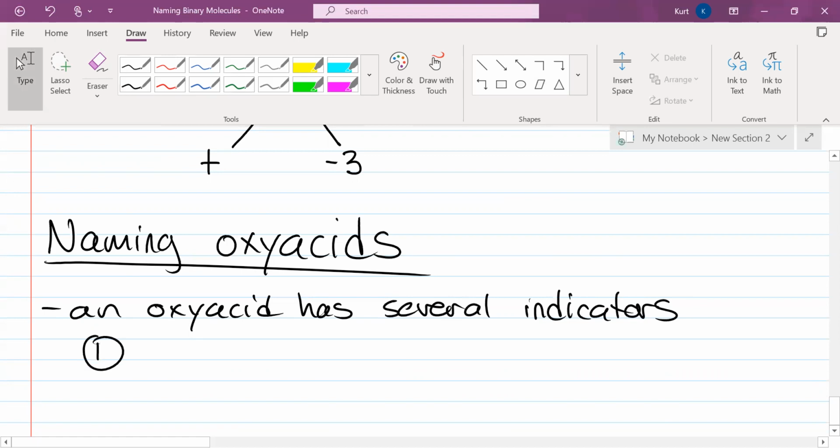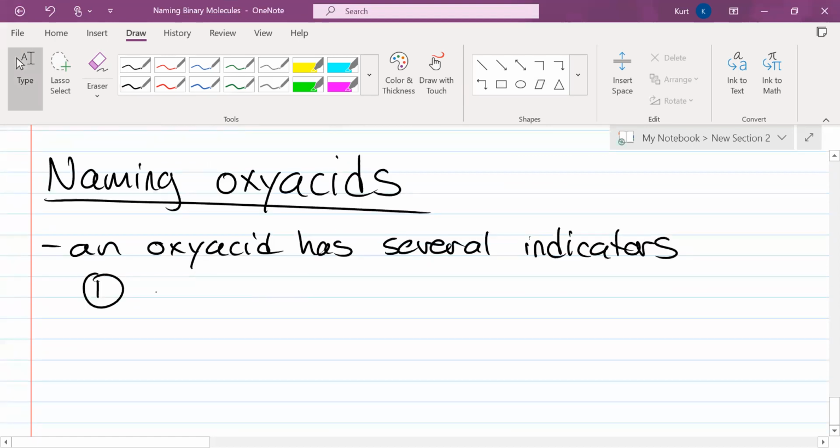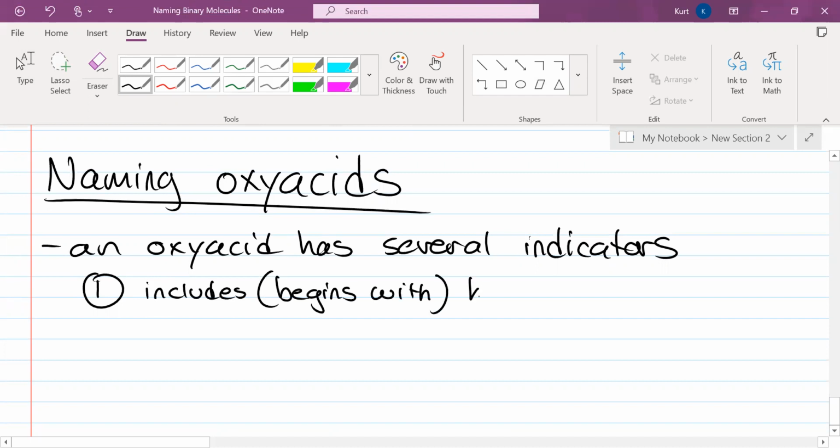One, what do all acids begin with? It begins with hydrogen. Two, what must be in parentheses following this to let you know acid, acid, acid?